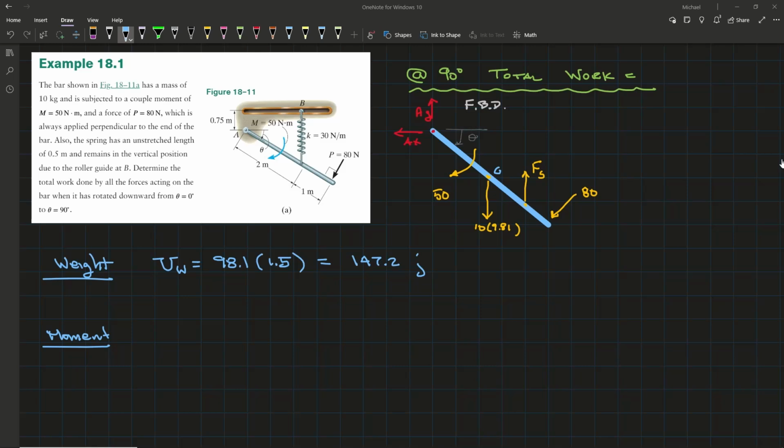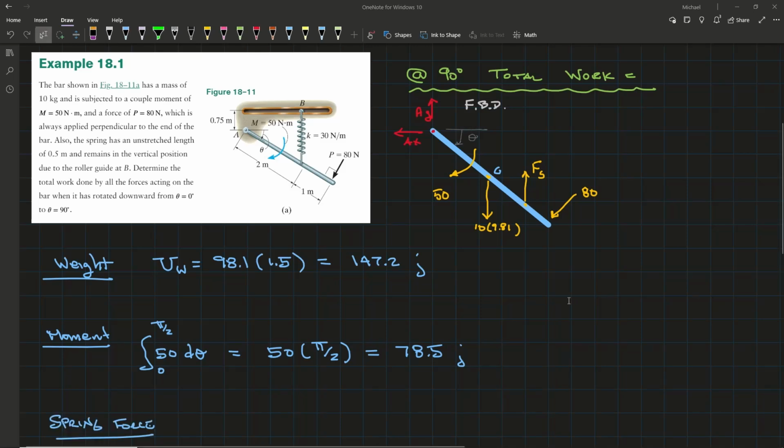Next, let's look at our moment. So our integral of our moment is 50. It's constant. We go from 0 to 90 degrees, or pi over 2. So we're essentially going to have 50 times pi over 2 as our work, and that equals 78.5 joules.